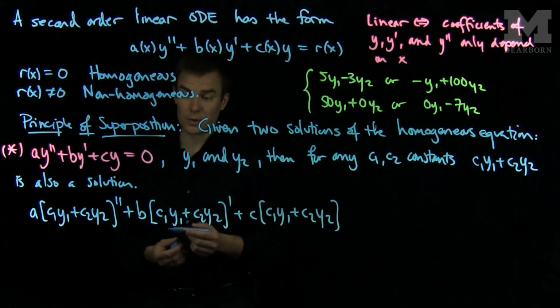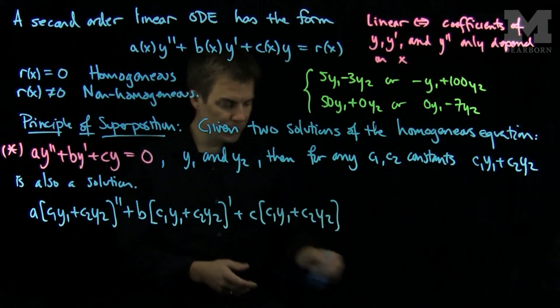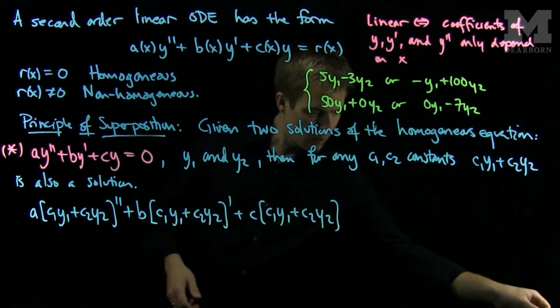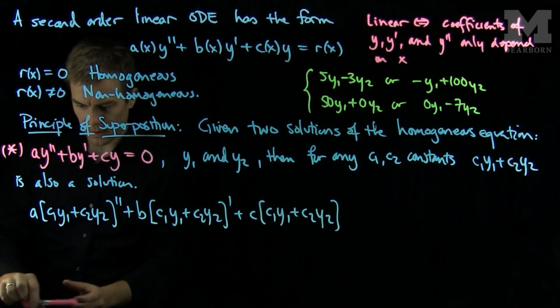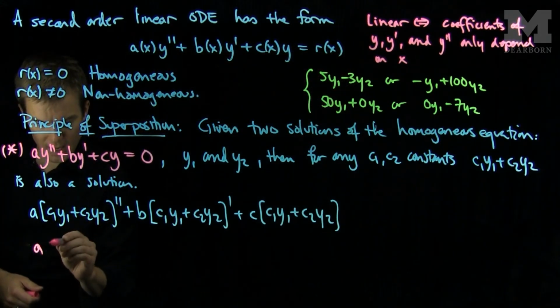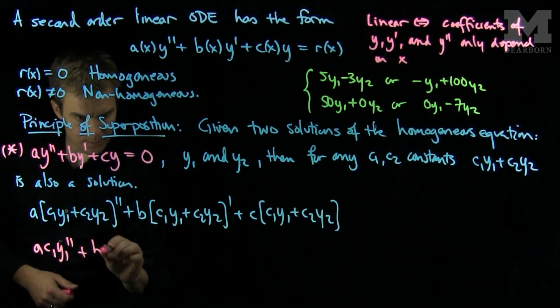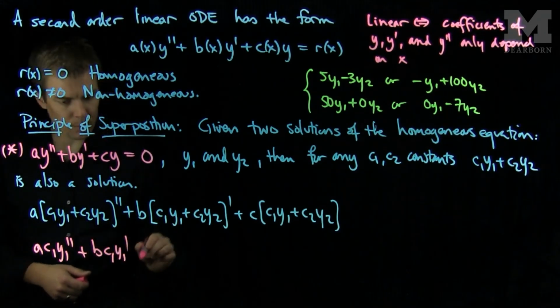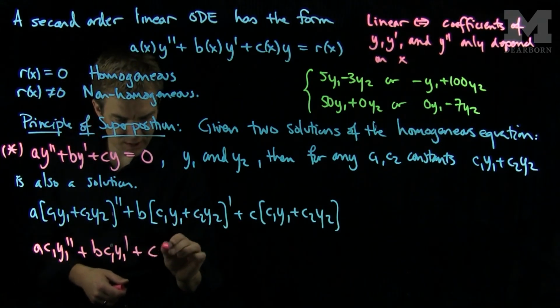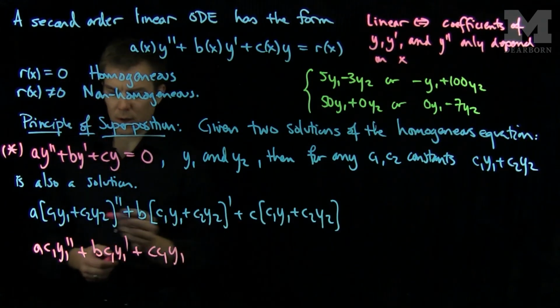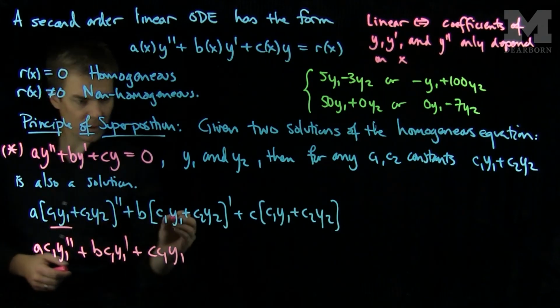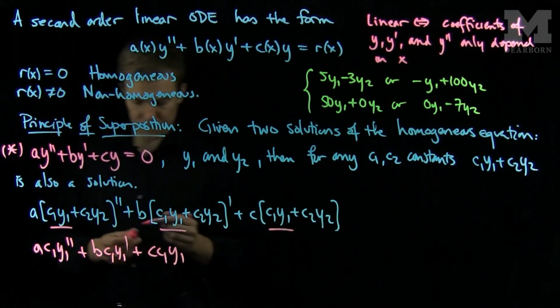We'd like to know if this is equal to 0. Well, we'll split the terms into two. We will say that this is going to be a c1 y1 double prime plus b c1 y1 prime plus c c1 y1. Those are this term, and this term.